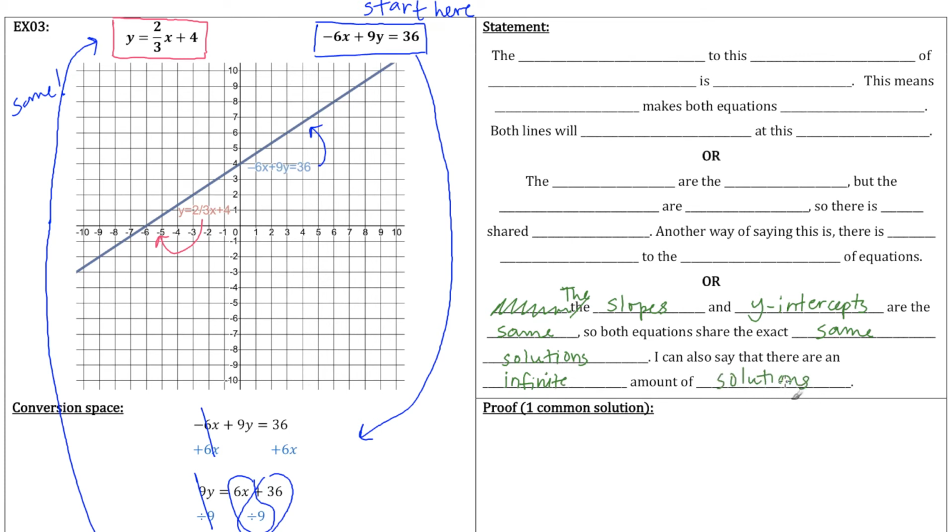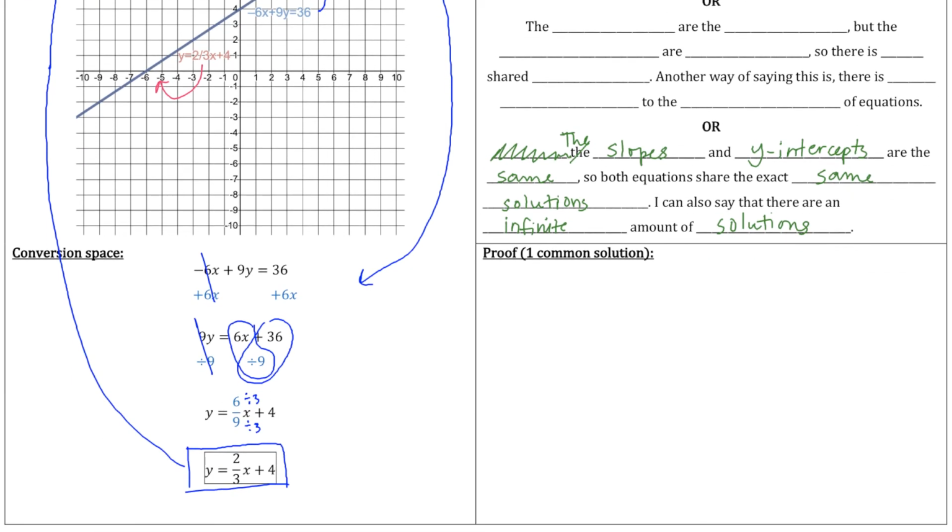So under the proof, we don't have to choose all of them, because all of them would be an infinite amount. We could never do that, right? So we wouldn't prove that one works for both, because theoretically all of them infinitely work for both. So we will just write infinite solutions.